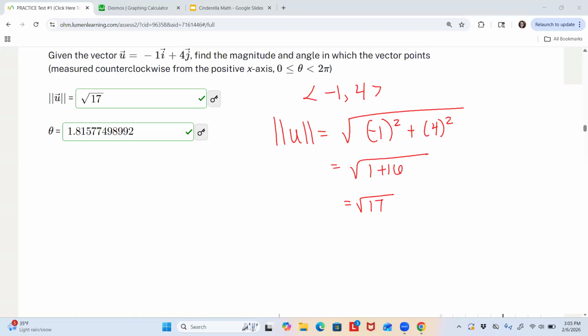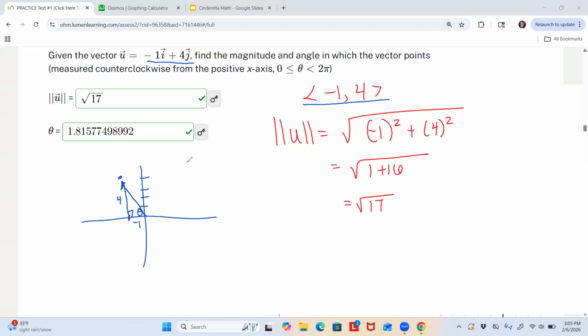And then the angle in which this points, so if you think about it, our vector is this. From the origin, that means we're going left 1, up 4. So there's our vector. You can drop a triangle. There's our theta. That's what we want, theta, the angle. So this was left 1, up 4.